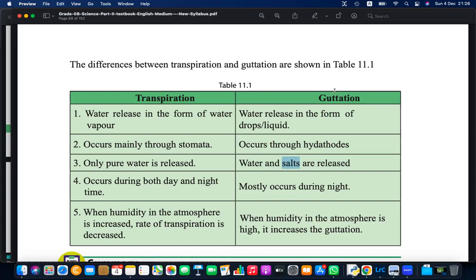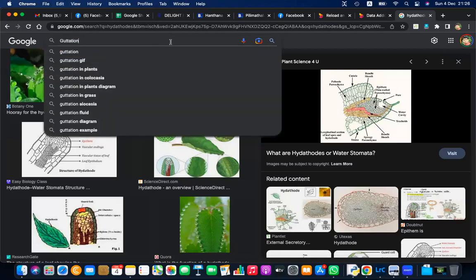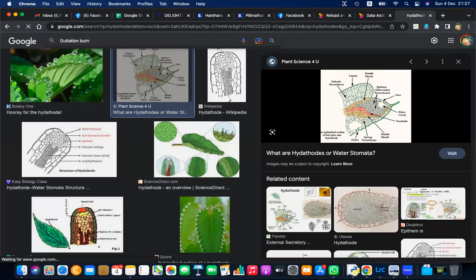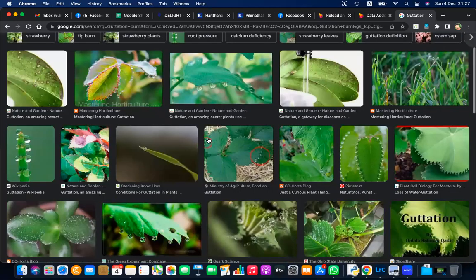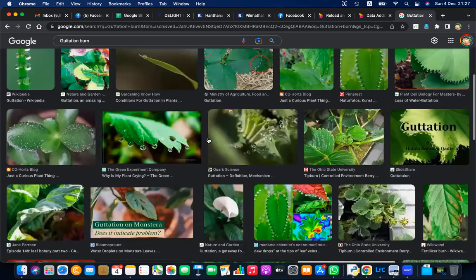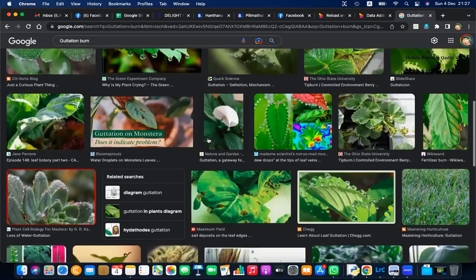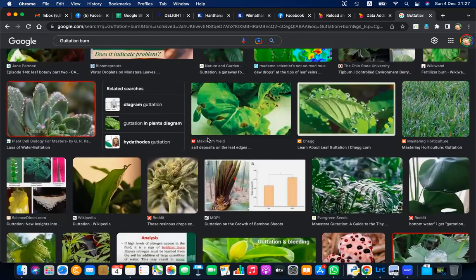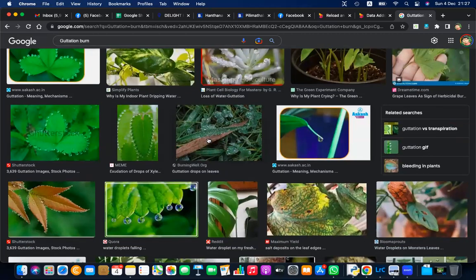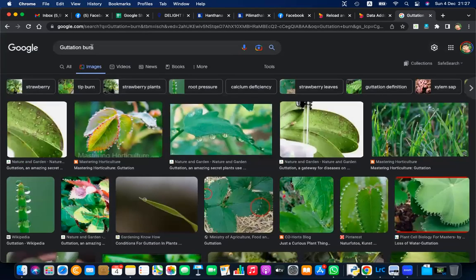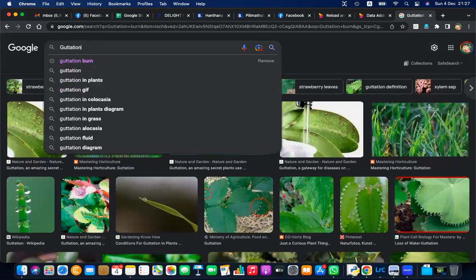Because of the guttation, I can show you an image. Guttation. You cannot exactly say burn, but it's like drying. You can see that brown color. It's not burn, actually; the correct word is not burn.